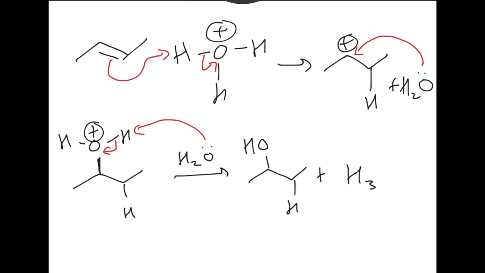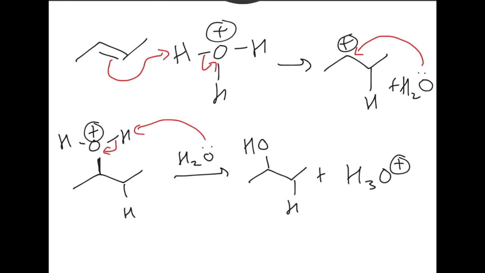plus regenerates H3O plus. So each time I make the alcohol product that I want, I regenerate H3O plus, so that H3O plus can go react with the next alkene and start the whole process over again. Every time you make a product, you remake H3O plus.